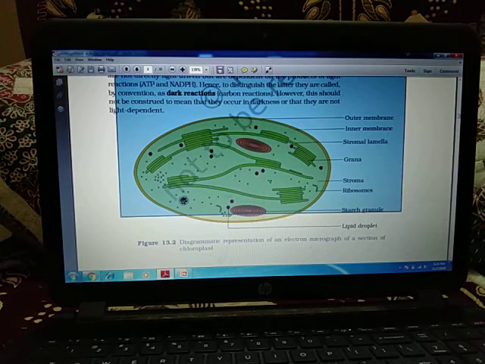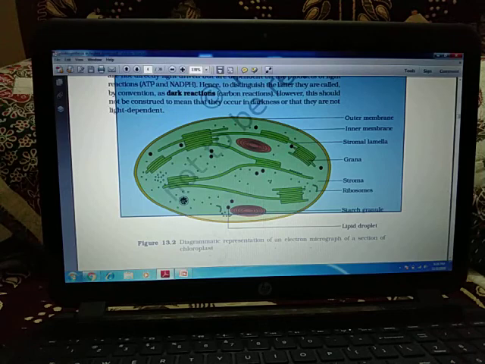That means thylakoids are present in prokaryotes, and the latter lie freely in the cytoplasm. The pigments are different from those of the eukaryotes.